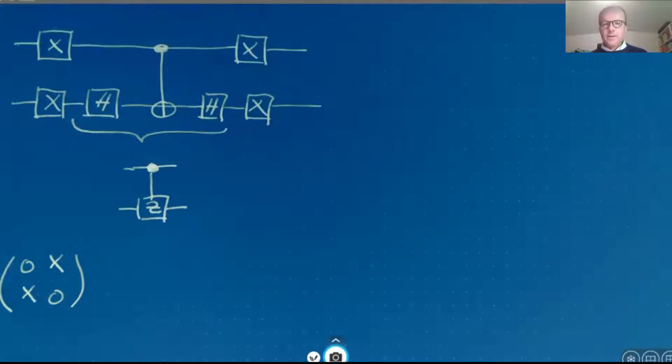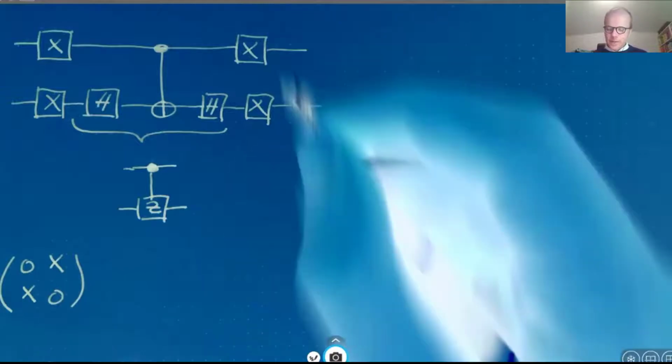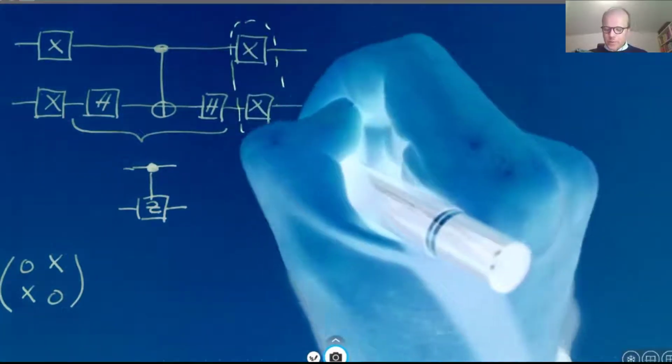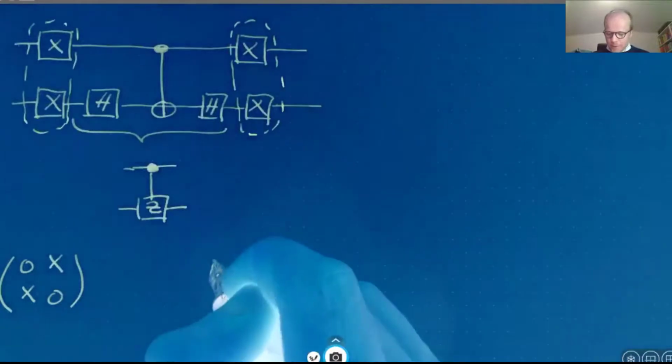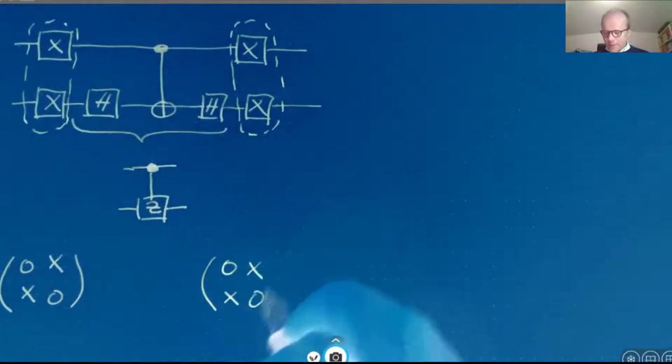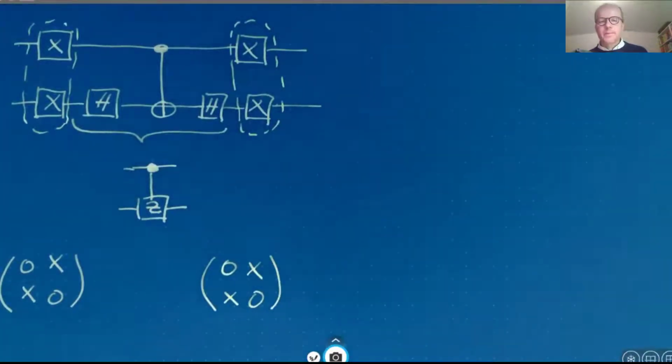So in the off diagonal, you have Pauli X's. You can convince yourself that this corresponds precisely to the action of two Pauli X's in parallel. And likewise, at the other end of the circuit, you also have the same matrix representation.